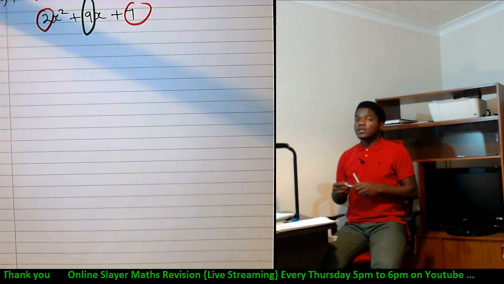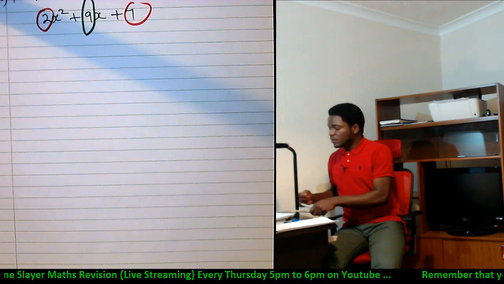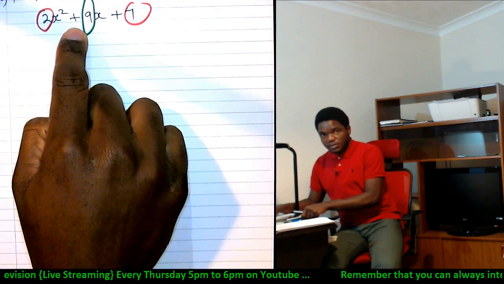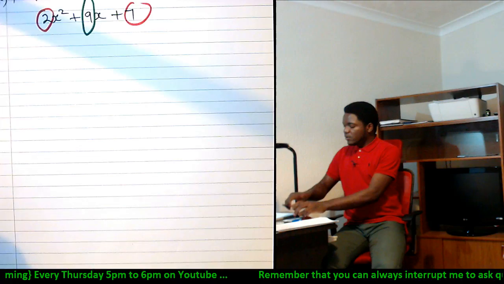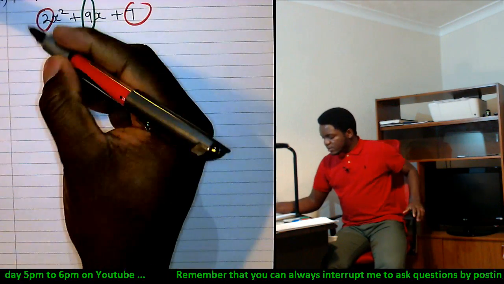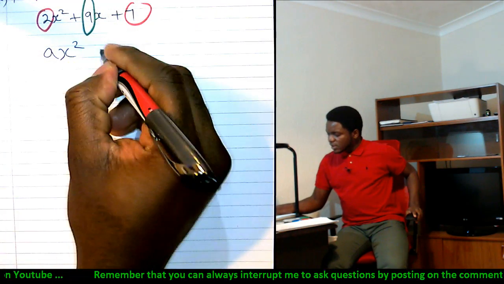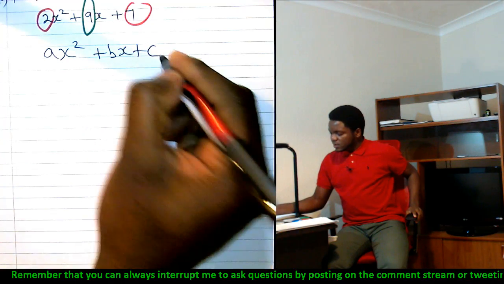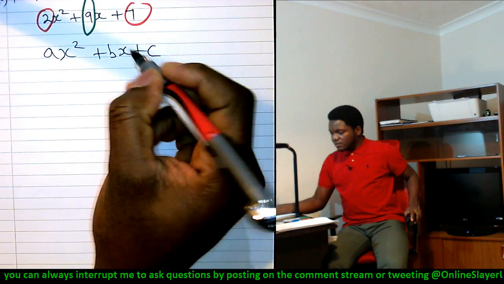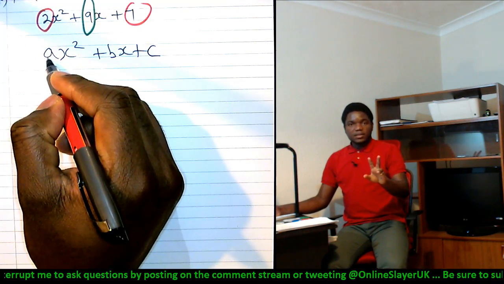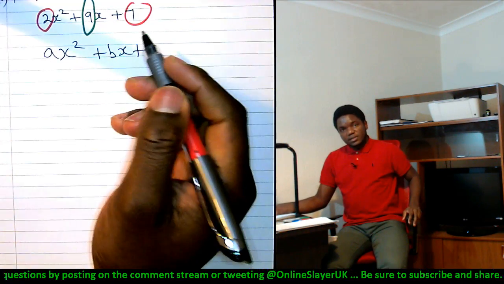These are the two things you should take note of. Oh, sorry, including the signs in front of them, okay? So if you look at that very well, it looks like something like ax squared plus bx plus c. There are times your a will be 1 because it will just be x squared plus something. A is 1.